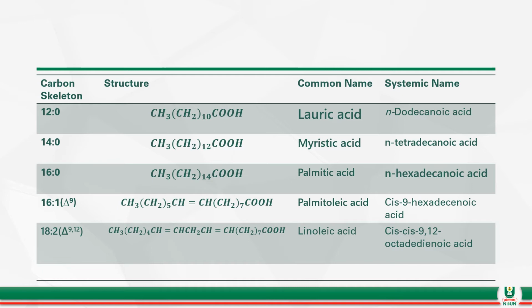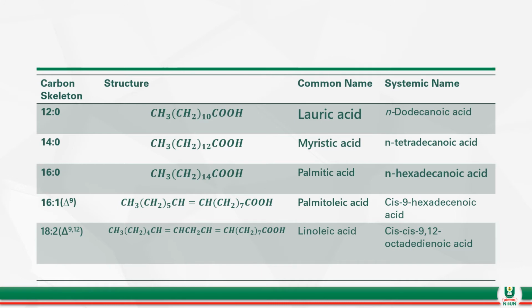In other words, this is a fatty acid with 18 carbon atoms and 2 double bonds, one at position 9, between 9 and 10, and the other at position 12, between 12 and 13, to give you 9,12-octadecadienoic acid, the di being because there are 2 double bonds.